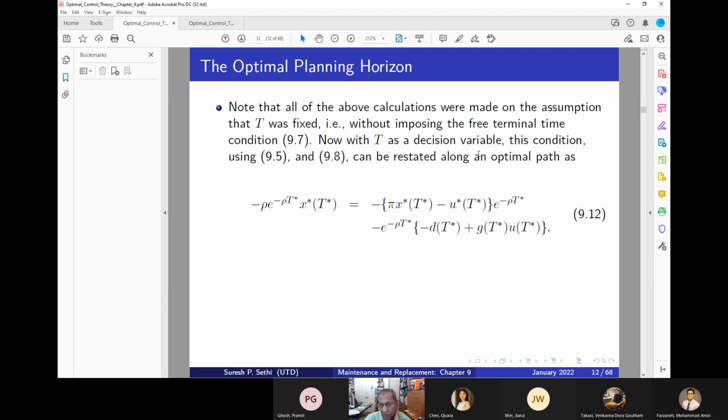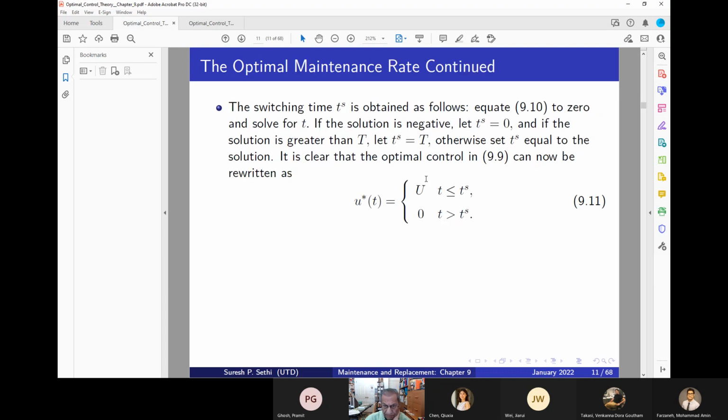And we can use the terminal time condition on T star. We have that formula, and so we can simply use that. And this is the condition satisfied by T star as a decision variable.